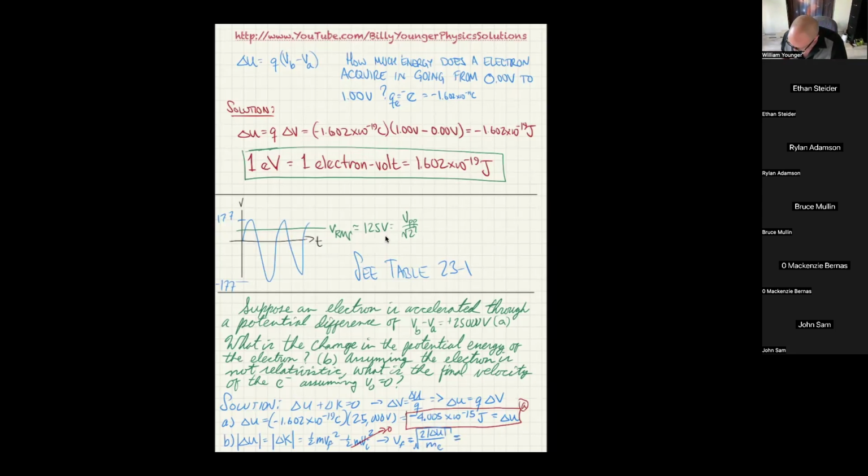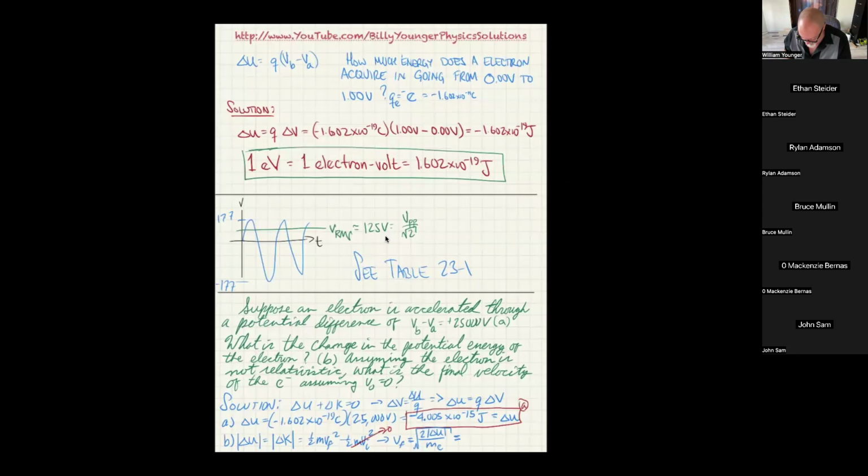I'm going to take 2 times 4.005 times 10 to the negative 15th. That's my 2 times the magnitude of my delta U. And now I'm going to divide that by the mass of the electron.